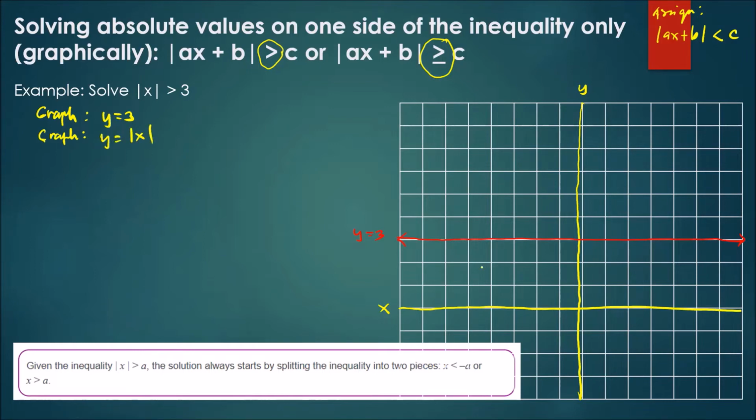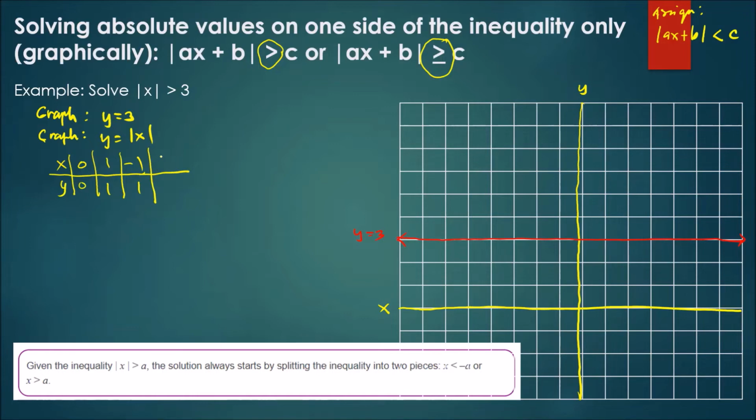Okay. So we know that the graph of this is a v, right? But anyway, let us write the table of values. So if x is 0, y is 0. If x is 1, y is 1. If x is negative 1, y is still 1 because that is the absolute value. So we are looking for the intersection of 3.